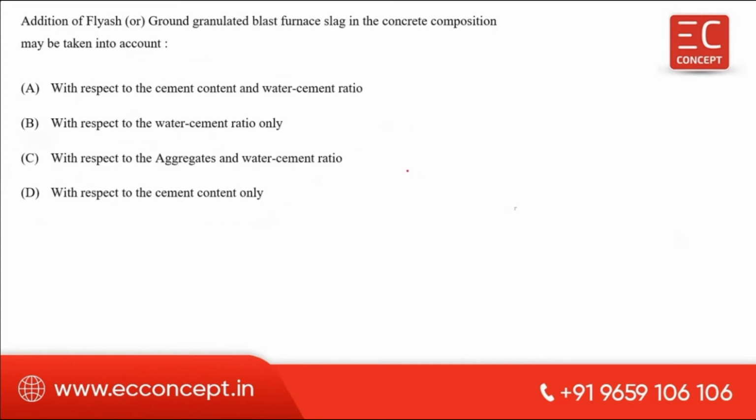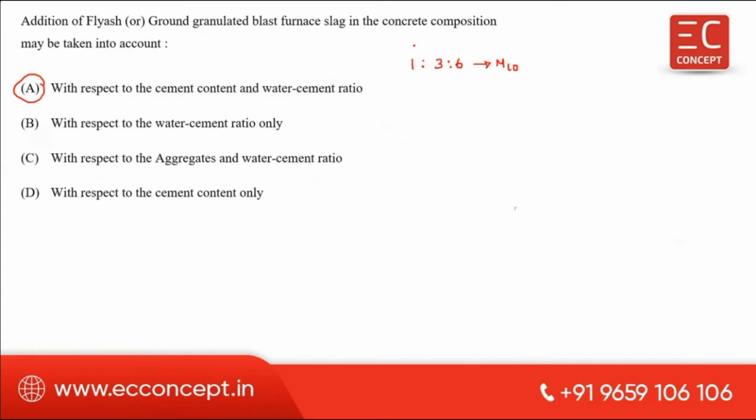Now we can see the next one. Addition of fly ash or ground granulated blast furnace slag in the concrete composition may be taken into account with respect to cement content and water cement ratio. So we are adding fly ash to replace the cement content. We know some ratio, for example 1:3:6, this is for M10 concrete.